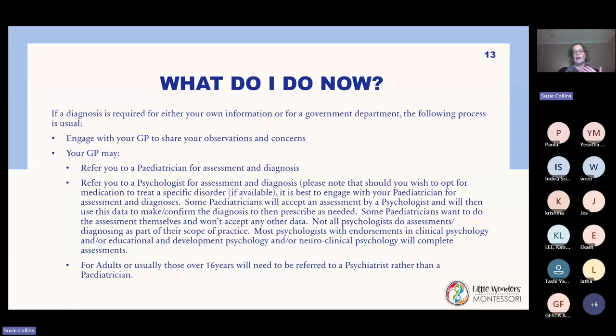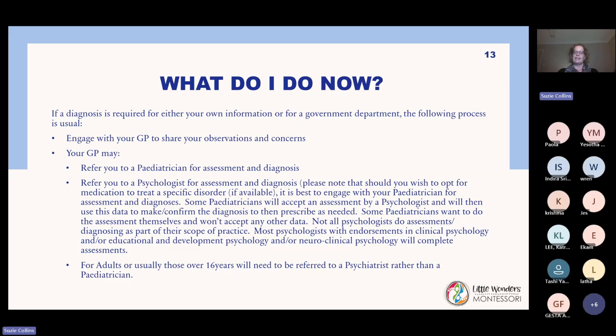From a prescribing perspective, if a paediatrician needs to prescribe medication, they are more likely to want to do the assessment themselves to make sure they are aware of all the things being presented. Some paediatricians will accept the assessment by a psychologist, use that data to confirm the diagnosis and then prescribe as needed. But as I mentioned, some want to do that themselves and won't accept any other data.